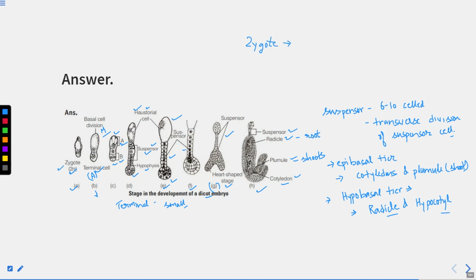This zygote divides and forms a suspensor cell, which is large and present at the micropylar end, and we have the terminal cell, which is present at the antipodal end. Suspensor cell is present at the micropylar end.